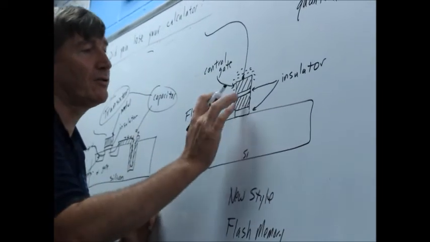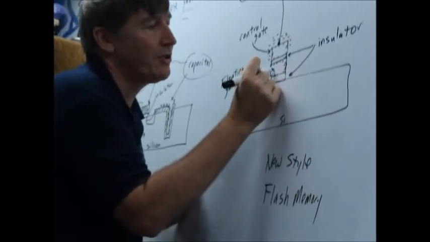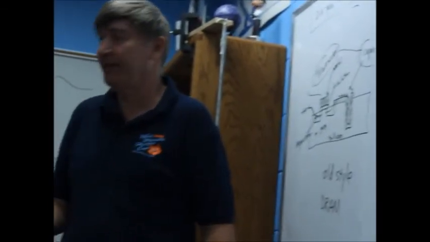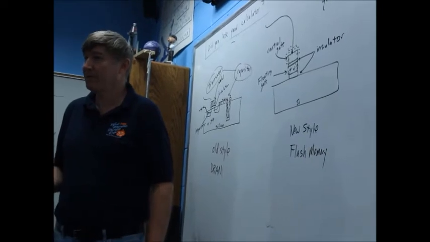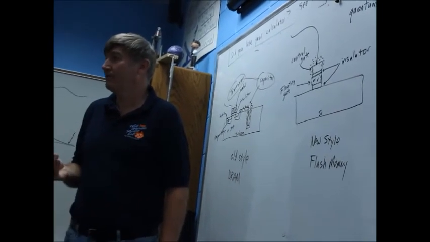So let me make it look like this. A few of those electrons can tunnel through the oxide and get into the floating gate. Quantum mechanics allows this. Classical did not, but quantum mechanics does.